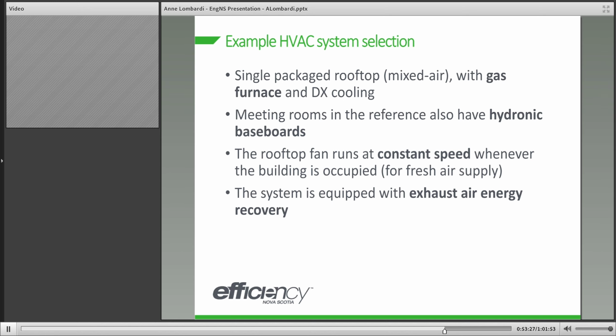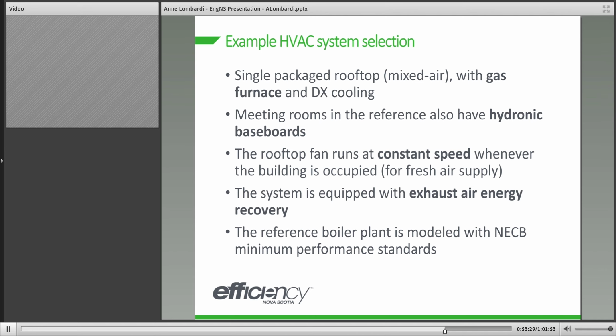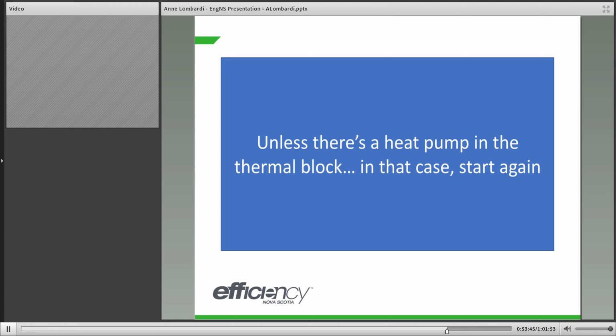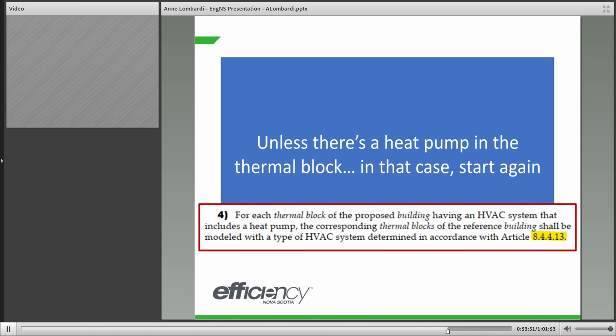And the fan would also have that 640 pascals, 40% efficiency number. The system would be equipped with exhaust air energy recovery in the reference, right? So you might have a bit of a penalty there for the proposed. The reference boiler plant would be modeled with the NECB performance standards for the boiler plant, right? For those hydronic baseboards. So that would be your reference system. Awesome. It's pretty straightforward.